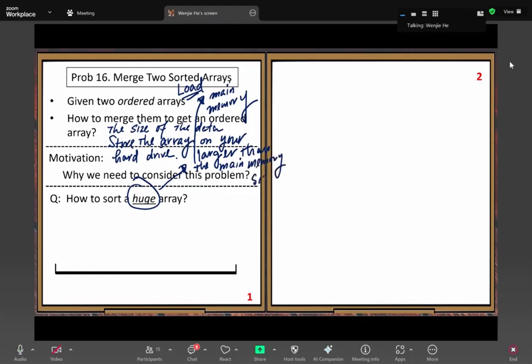That large. Okay? You cannot load your data completely in your main memory. Only partially. Okay? Part of the data, a subarray, into the main memory.